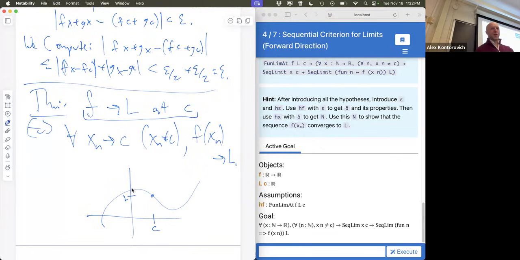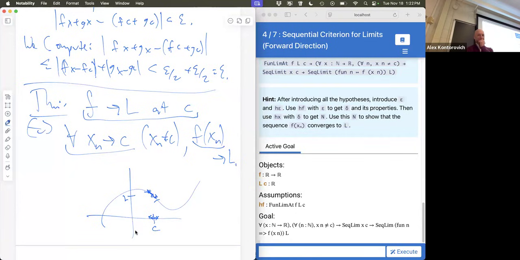I want to know for all epsilon, does there exist a delta, so that if I get within delta, then the value will be within epsilon. This is sequential convergence. You give me any sequence of x's that get closer and closer to C. That gives me a sequence of function values, and I want to know that that sequence of function values gets closer and closer to L.